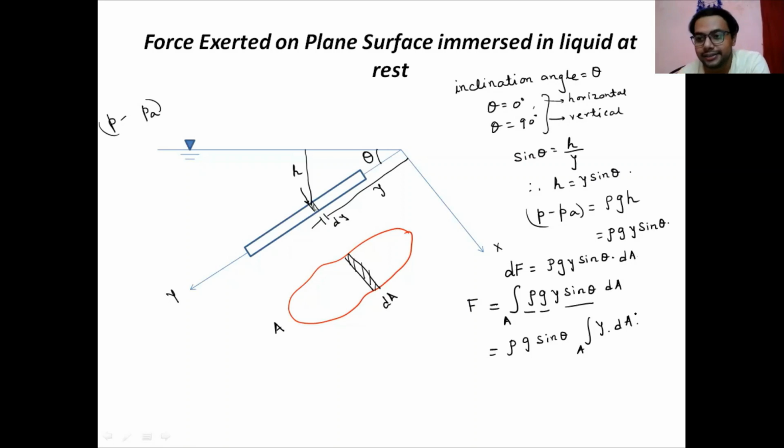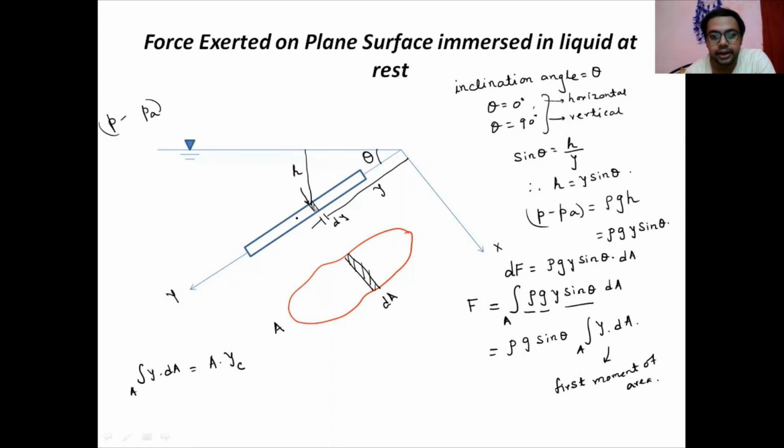So what is y dA? Y dA, better to say, is the first moment of area. We are writing it down. First moment of area. If you remember, recalling the moment of inertia chapter and the centroid finding process, y dA, if you consider one small area, is nothing but the total area into the y distance of the centroid.